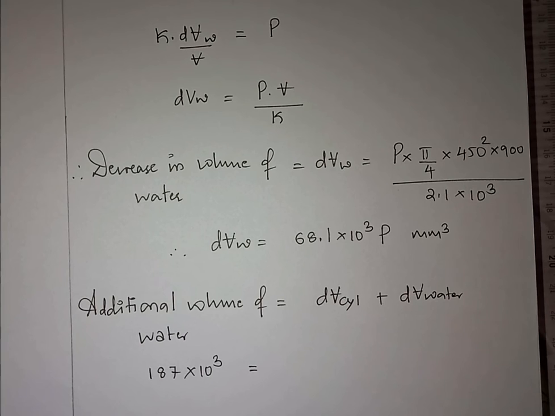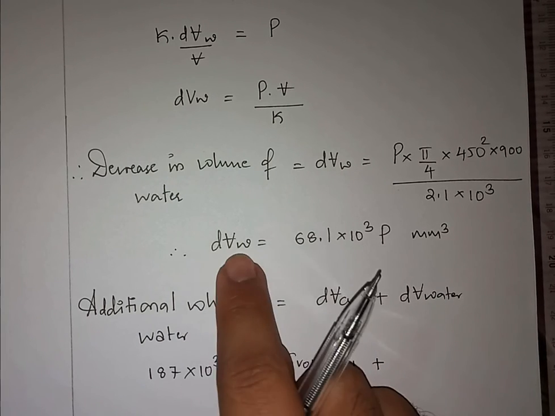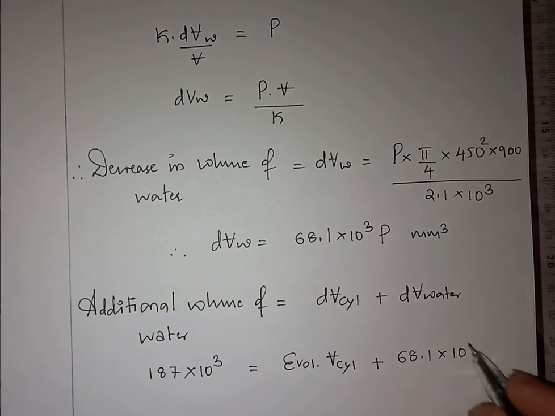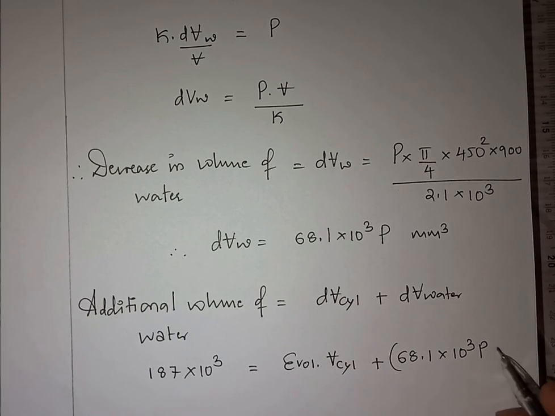The change in volume in this particular case is given by epsilon volumetric into volume of cylinder, right? Plus the dV of water, which is 68.1 into 10 raised to 3 P.